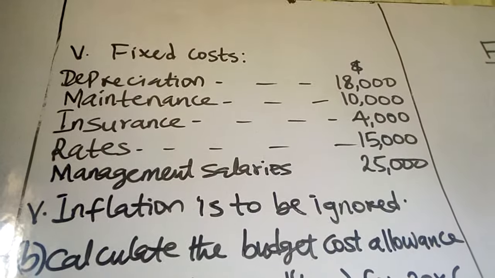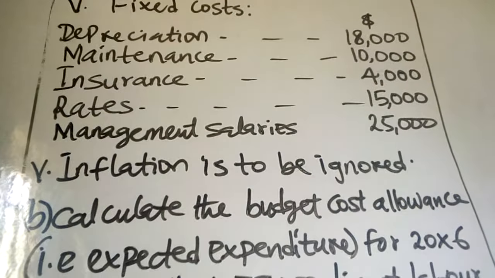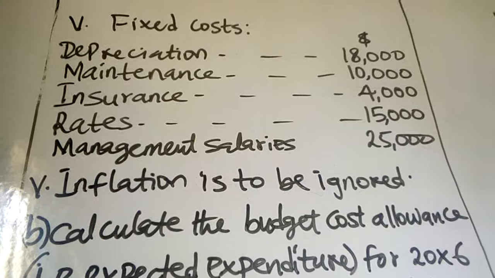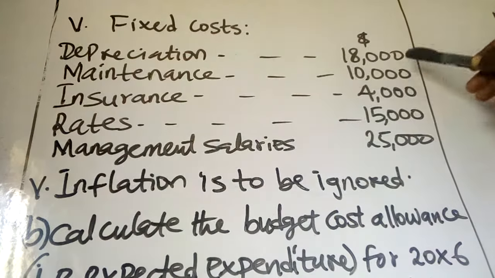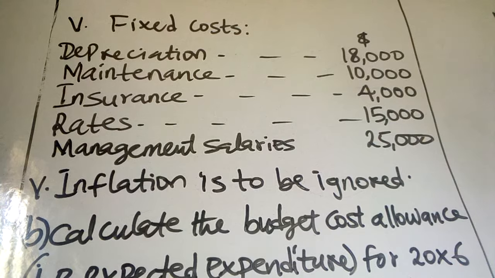Then we have 5. Fixed cost. Fixed cost comprises depreciation of $18,000, maintenance of $10,000, insurance of $4,000, rates $15,000, management salaries of $25,000.